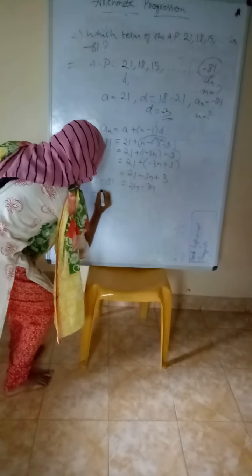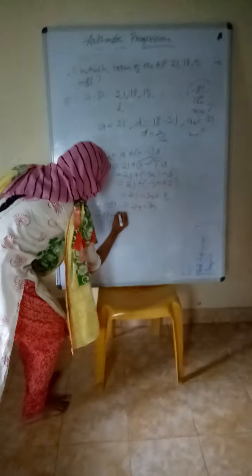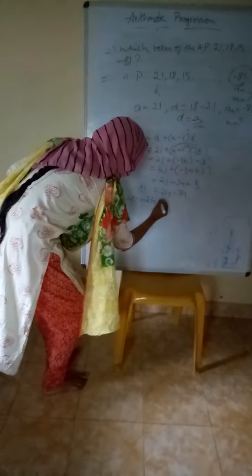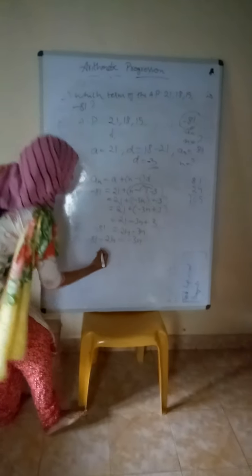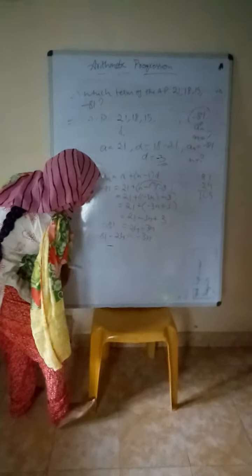Bring this to the other side. So what does it become? Plus becomes minus. So minus 3n. Now what I said: if the same sign, you have to add the numbers. 4 plus 1 is 5, 8 plus 2 is 10, 1 and 5, so 105. For the sign you have to write the bigger number's sign.